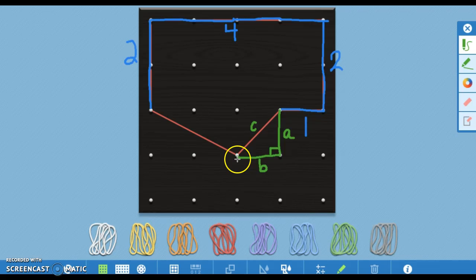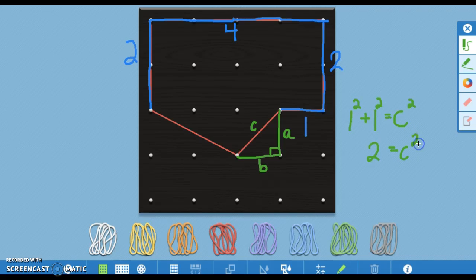A and B both have side lengths of 1. So 1 squared plus 1 squared is going to be equal to C squared. And 1 squared is 1, so 1 plus 1 is 2, which is equal to C squared.